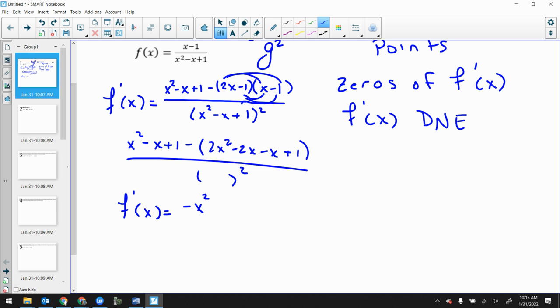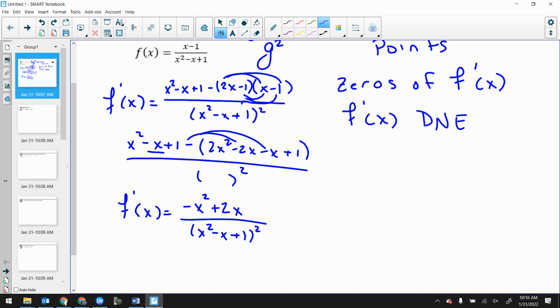So negative x squared. I've got a negative x, and this is a total of a minus 3x. But when I distribute that negative in, that's a plus. So plus 2x, right? Because that's negative 1 and then a positive 3, basically. Negative 1, positive 3 makes 2. And then positive 1 minus 1, that just cancels out, over the x squared minus x plus 1 squared.